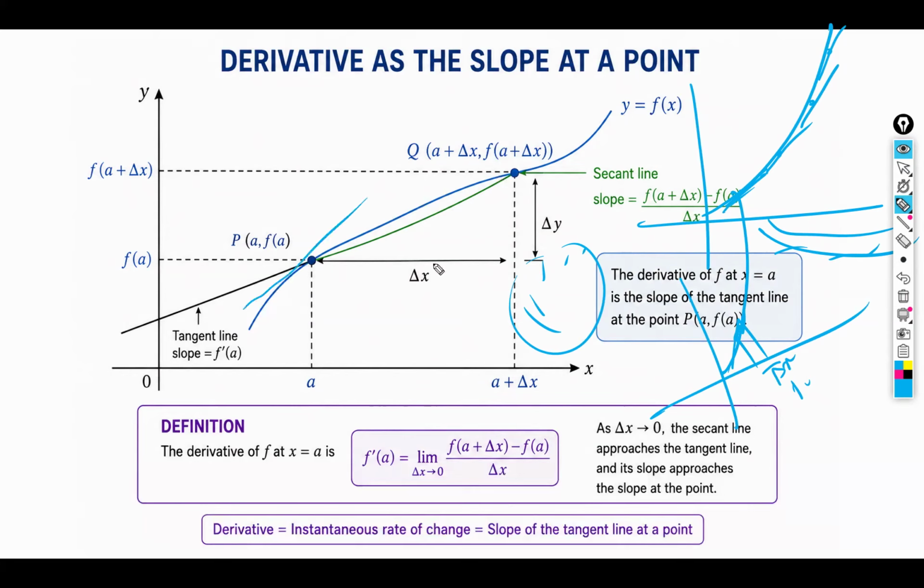This crossing line, when your delta x is getting closer and closer to 0, becomes a tangent. If this is the curve, that becomes a tangent. That is what we need.